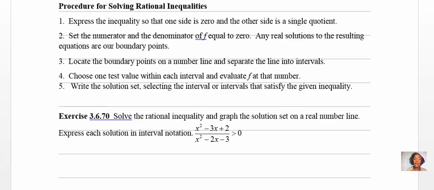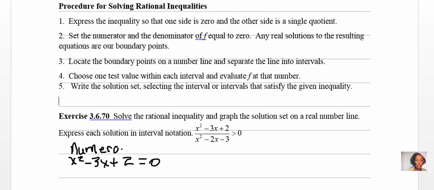So let's apply these steps to exercise 70 from our section 3.6. Okay, so remember our second step is that we're going to set the numerator and the denominator equal to 0. So our numerator is x squared minus 3x plus 2 equals 0.